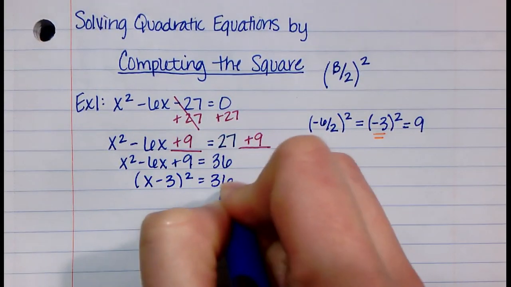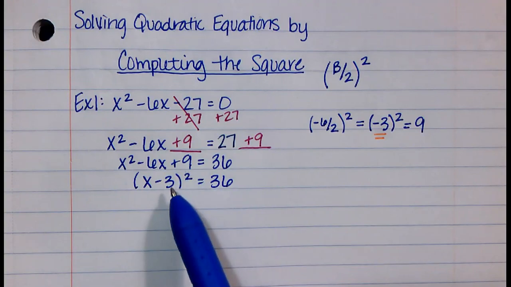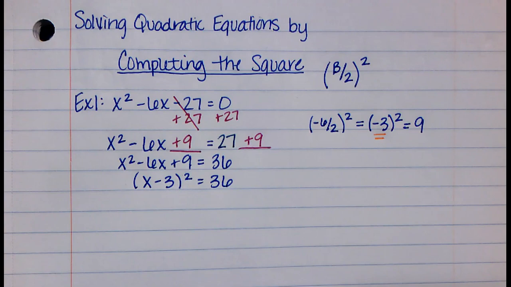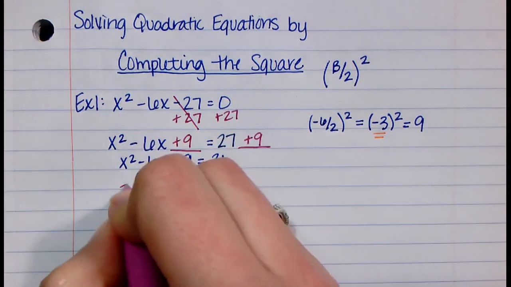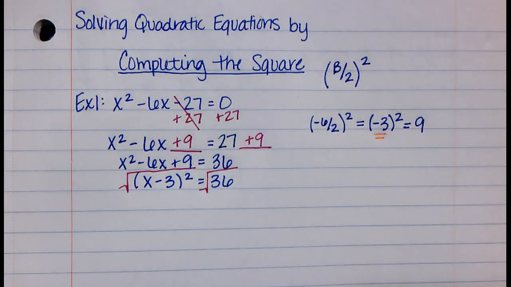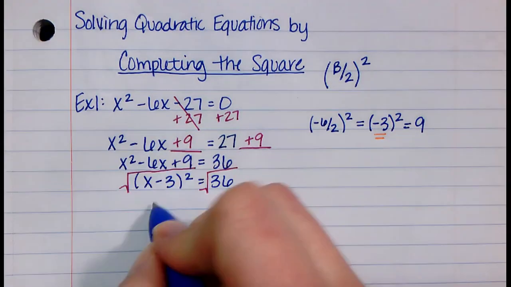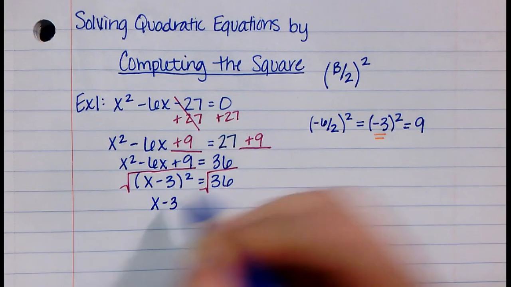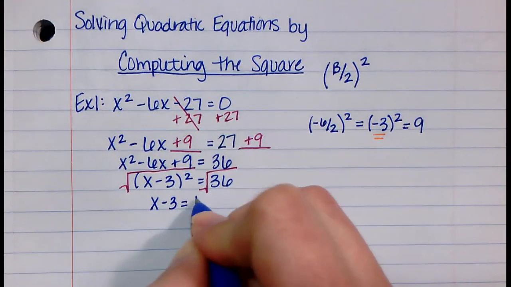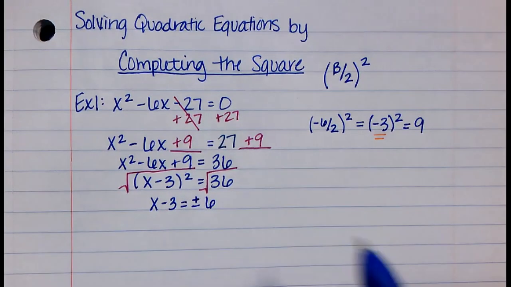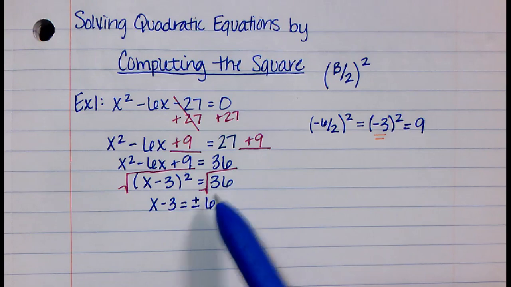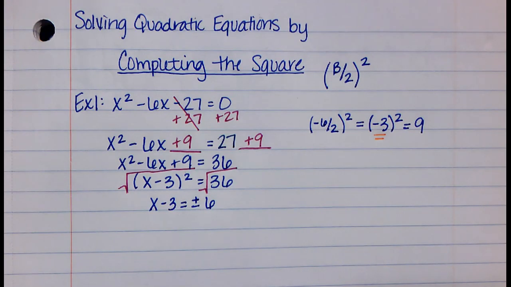So now we're going to solve. We're going to take the square root of both sides. When we do this, we get x minus 3 left over, because the square root and the square cancel out, equals plus or minus 6, because when we take the square root, we have a plus or minus answer. Then, to get x completely by itself, we need to add 3.